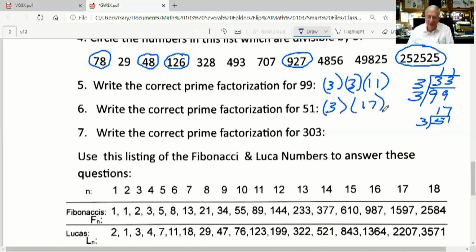And looking at 303, you can tell that its correct prime factorization can be found by dividing 303 by 3. All right, and that's 101. I'm pretty sure 101 is a prime number. So what we're going to do is write the answer down as 3 times 101. Okay, so there, we have finished that group of questions. Let's move on.